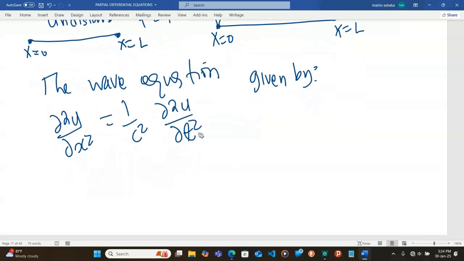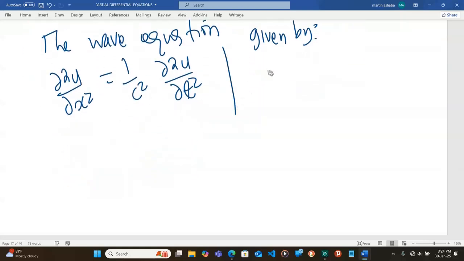So this is what it looks like. Another way to say it is u_xx equal to 1 over c squared times u_tt. Using this notation, that's how we can also write the 1D wave equation.